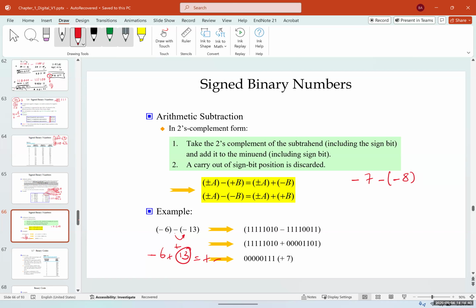And you can write negative 7 like this: 1, 1, 1, 1. This is negative 7. Let's just use a binary solution to solve this. Negative 7 minus negative 8. I want you to solve this. What is the answer for this? In binary, just do it in binary.